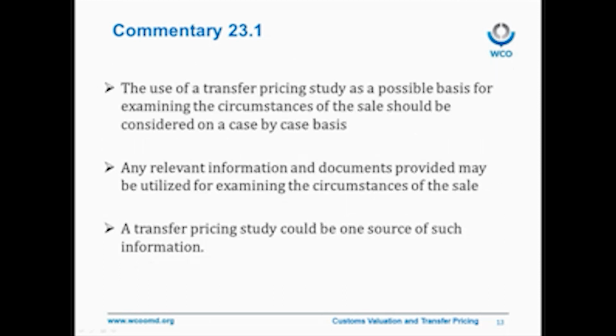So in Commentary 23.1, it states that any relevant information and documents provided may be utilized for examining the circumstances of the sale. And a transfer pricing study could be one source of such information, which means when customs collect information to answer the two questions, the information in the TP study could be taken into consideration.